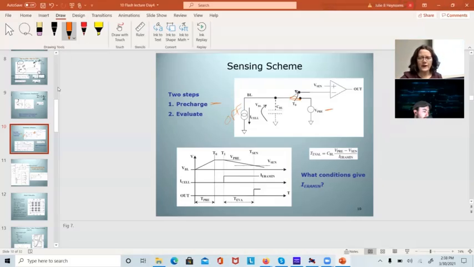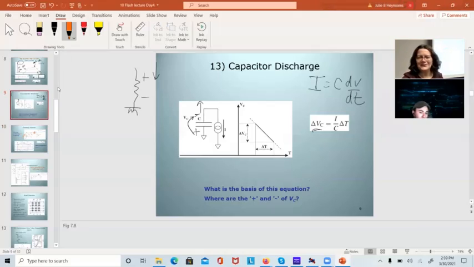And this diagram down here shows the timing on the cell. I start out with the bit line at voltage V bit line, VBL. Since I'm charging a capacitor, it's going to take time. Delta T would equal the change in voltage times C over I. It's amazing what you can do with one equation.